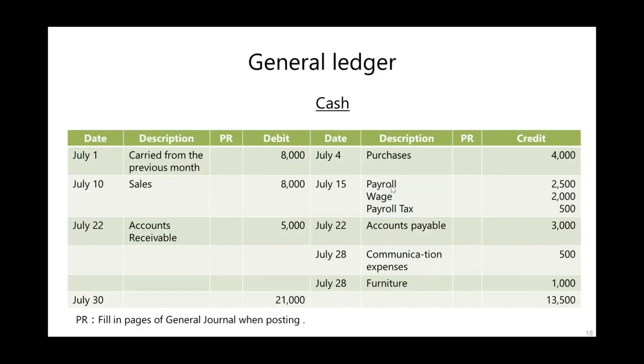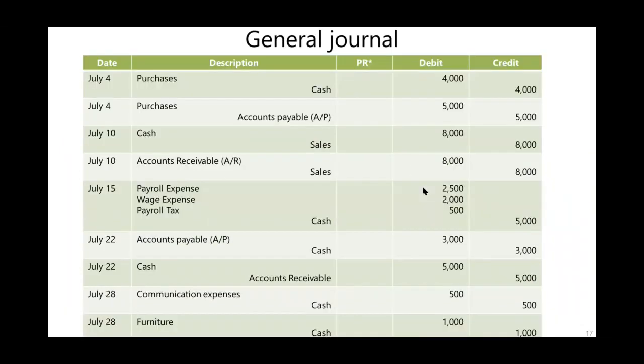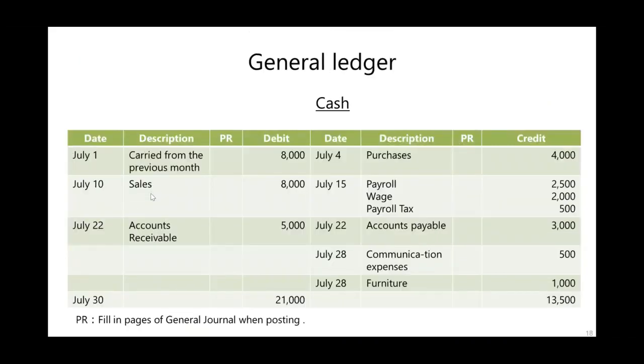But July 10 is a transaction. Sales was recorded. When we look back, on July 10, sales was recorded and cash was increased by 8,000. So in this case, in the general ledger, a counter account of sales is recorded for the cash increase of 8,000.